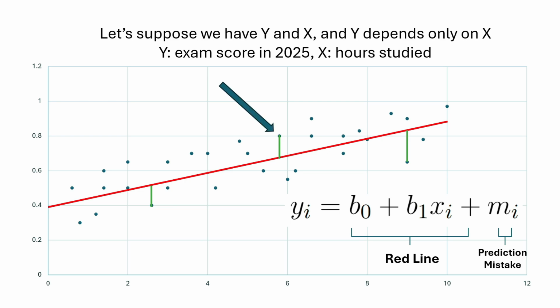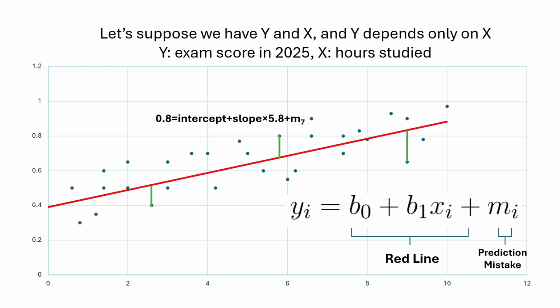As an example, if we look at this particular data point, the exam score for that student can be expressed with this equation, which says that 0.8, the exam score, equals intercept plus slope of the line times 5.8, where 5.8 is the hours studied for this particular student. And of course, we have to consider M7 as well, which is the prediction mistake for this particular student.